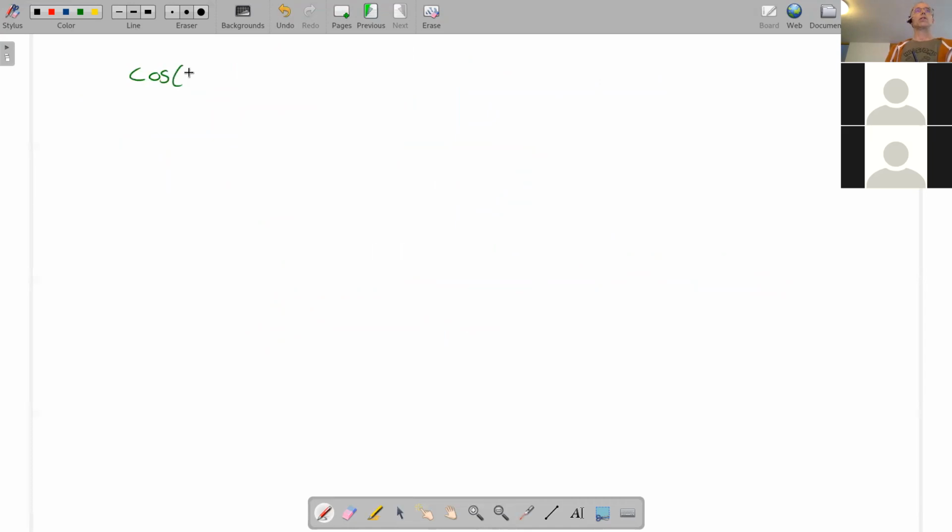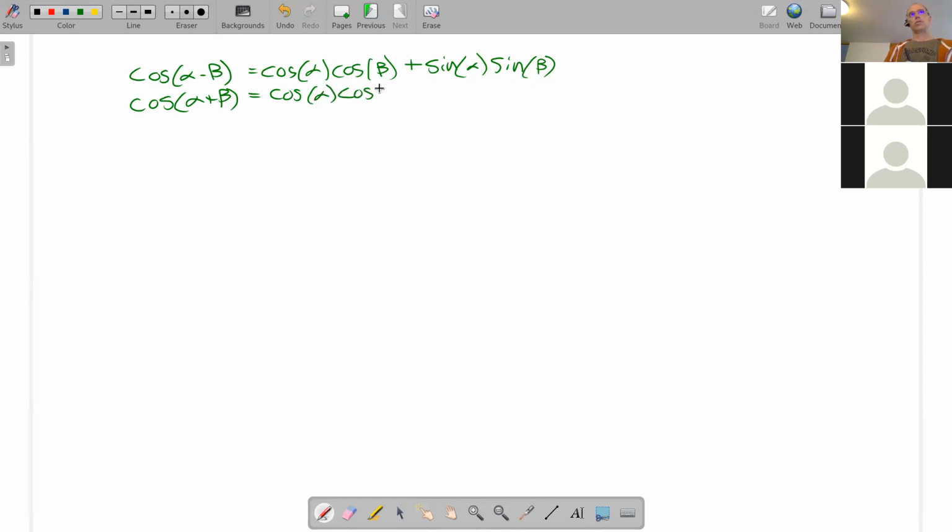So cosine of alpha minus beta is cosine alpha cosine beta plus sine alpha sine beta, and compare that with the angle sum, cosine of alpha plus beta: cosine alpha cosine beta minus sine alpha sine beta.